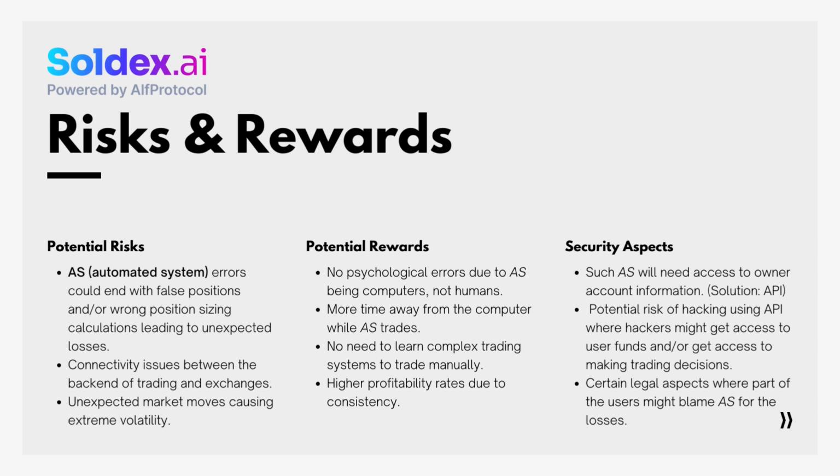Once again, it applies mostly to fully automated systems, because when certain events occur, for example something like the FTX collapse, and the market starts to move extremely volatile in one direction or another, or in both perhaps, then it can cause certain risks as well, because the automated trading strategies are built with certain settings, and the system itself is looking for a few elements to align before making a decision.